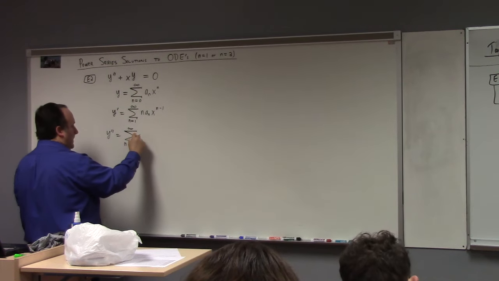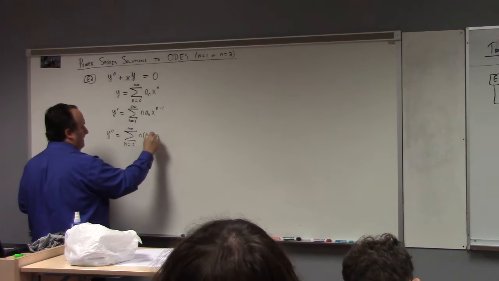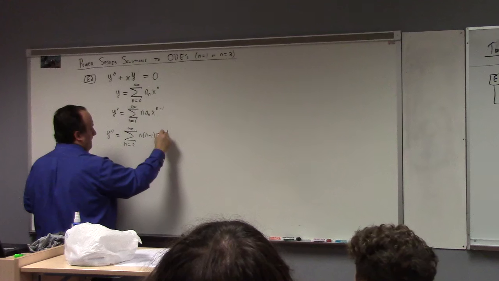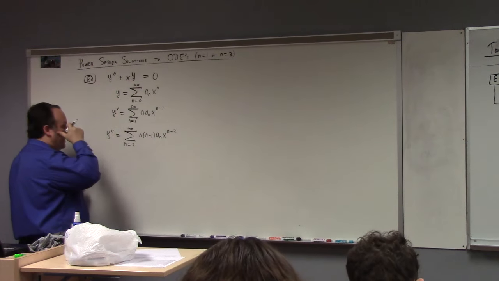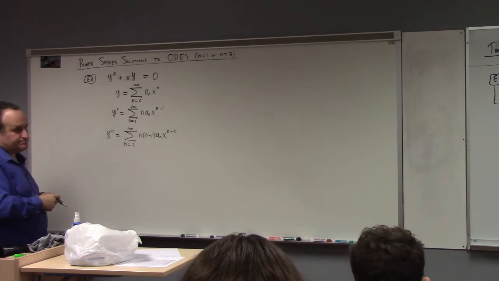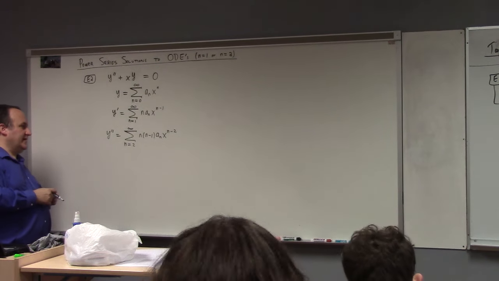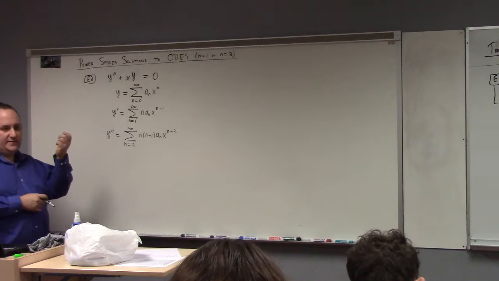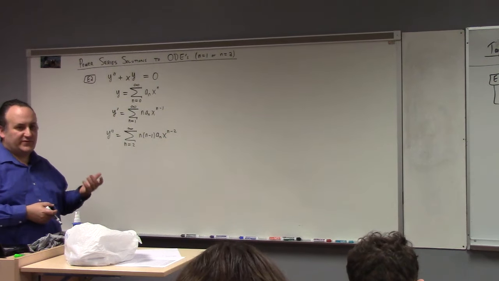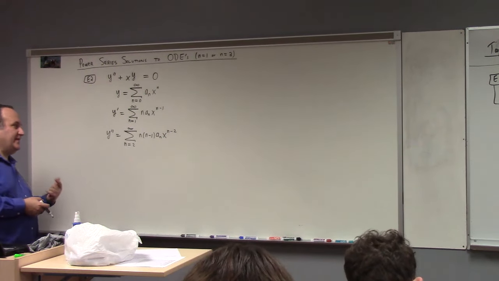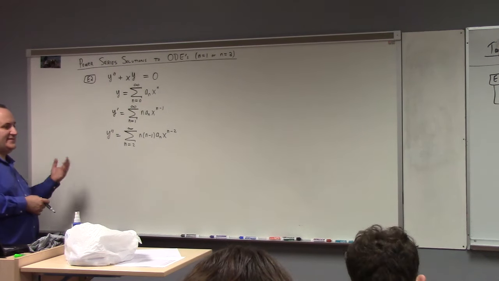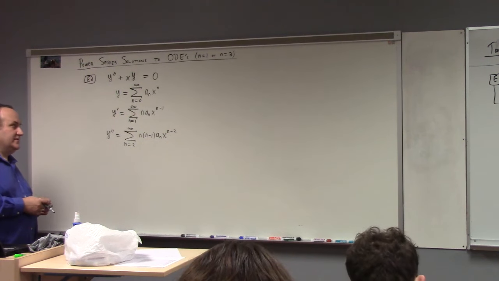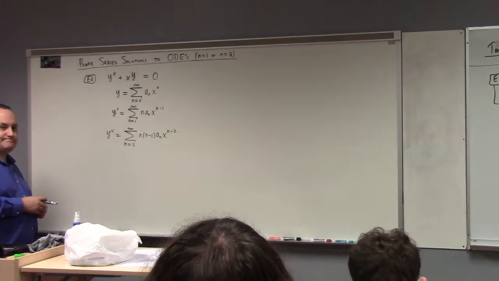You notice why I have n equals 2 here and n equals 1 here, because I can, right? The initial terms are 0. If I was to keep the n equals 0 to infinity, it would be adding 0 at the start of the sum. So I don't want to do that.